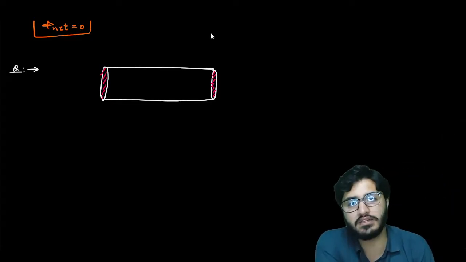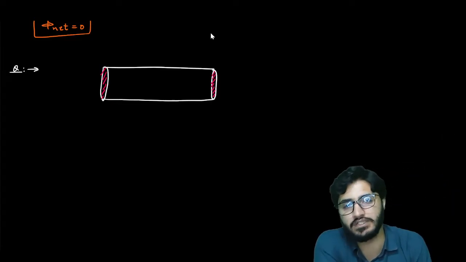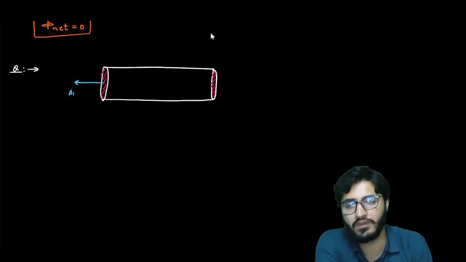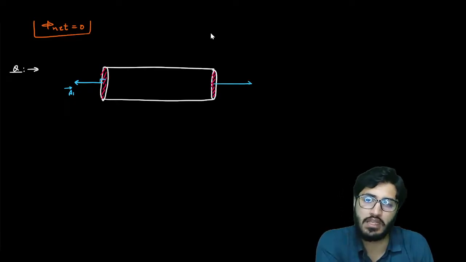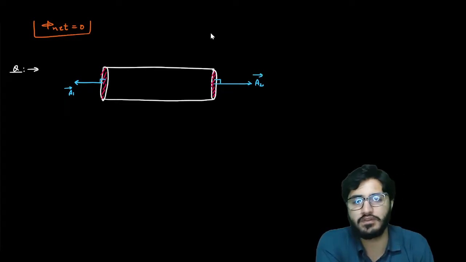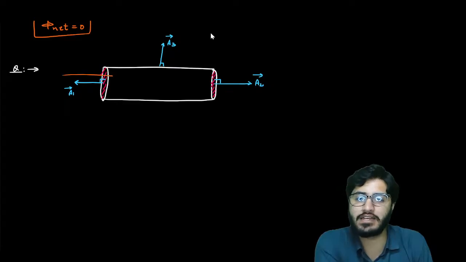Now let us mark the area first. Area A1 will be outwards and perpendicular. This one, area A3, will be outwards and perpendicular.